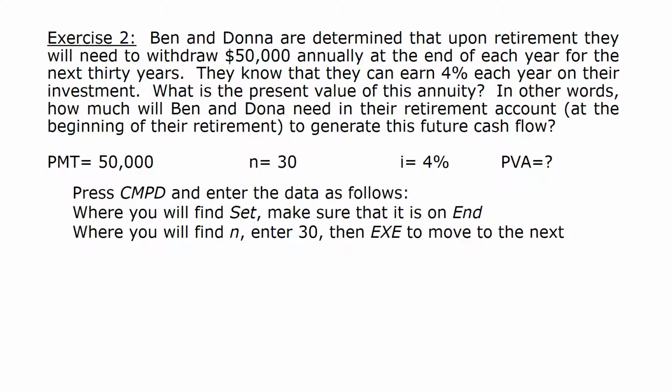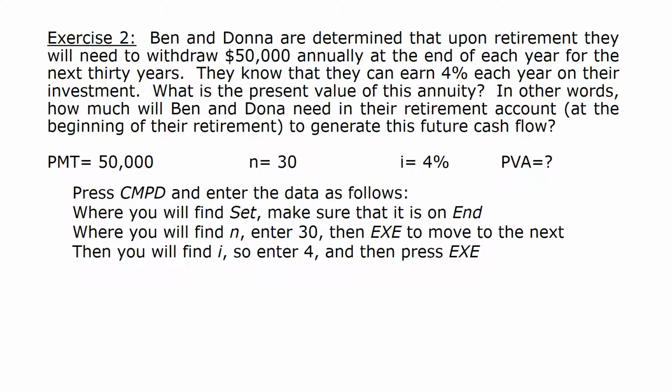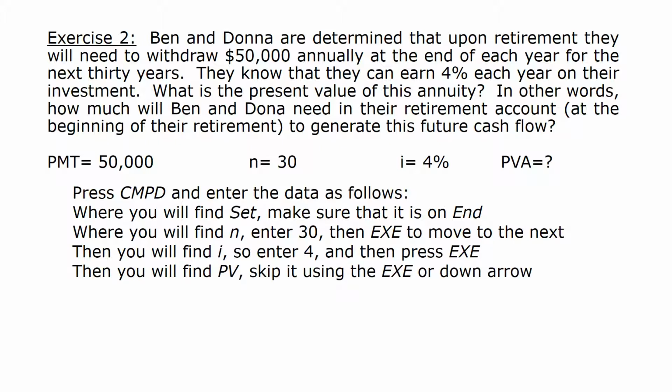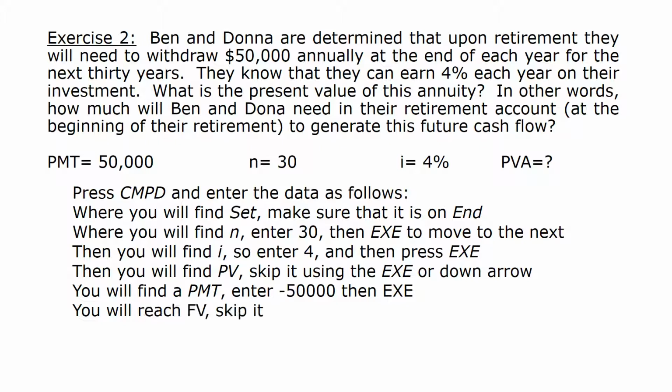Then, where you'll find N, enter 30 and then execute. Then you will find I, enter 4 and then execute. Then you will reach PV, skip it and we'll come back to it later. Then you will find PMT, enter minus 50,000 and then execute. Then you will reach the FV, we don't need it for this activity.